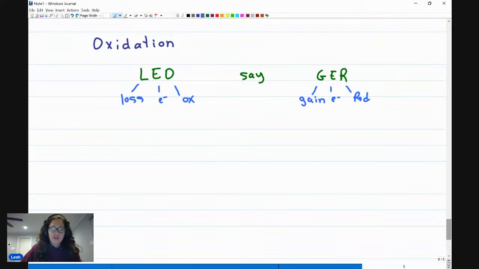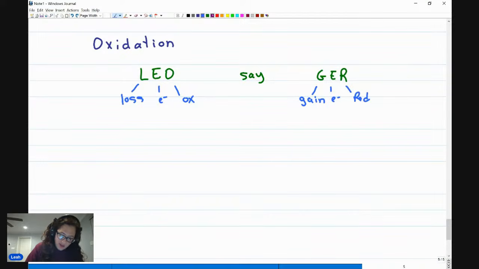With oxidation, we're talking about electrons, but in organic chemistry, especially in the topic we're looking at now, we're not looking at electrons. We're trying to figure out oxygen and alcohols and bonds to oxygen. So how do we make sense of this if we're just looking at electrons?